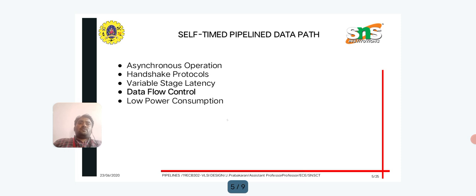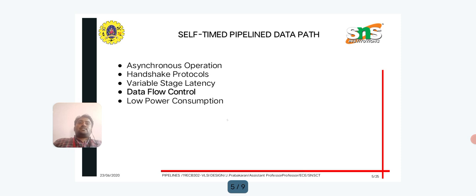Before that, we should know what a self-timed pipeline data path is. It is a type of asynchronous pipeline where the flow of data through the pipeline stages is controlled without relying on a global clock signal. Instead, it uses local handshaking protocol or control signals to manage the transfer of data between stages.